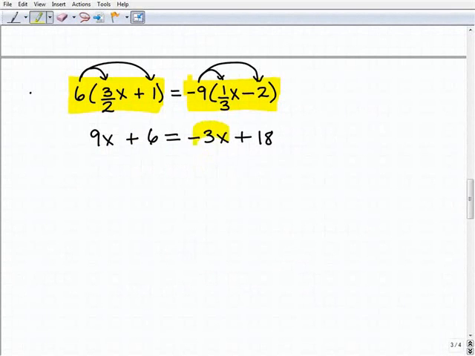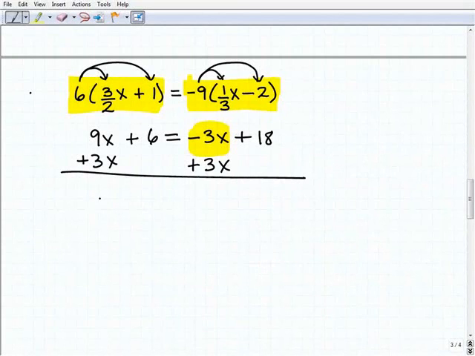So once again, I'm going to move my variables over to the left hand side. So I'm going to add 3x here and add 3x here. So this gives me 12x plus 6 equals 18.